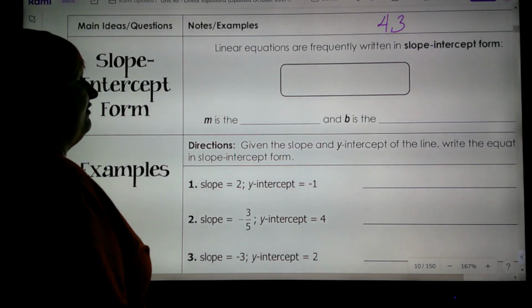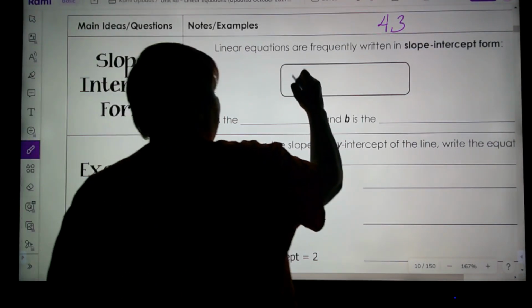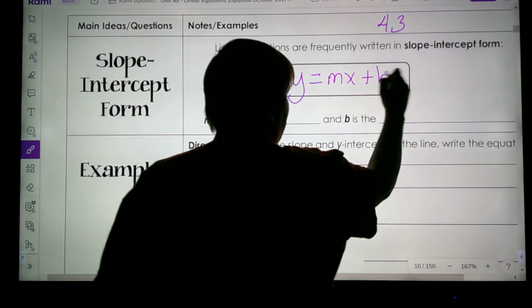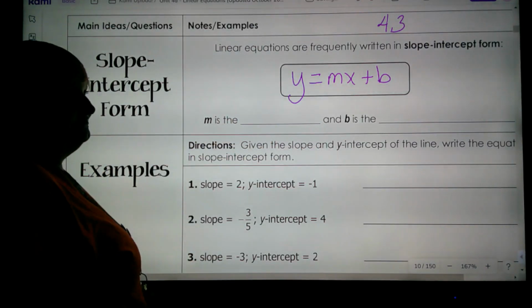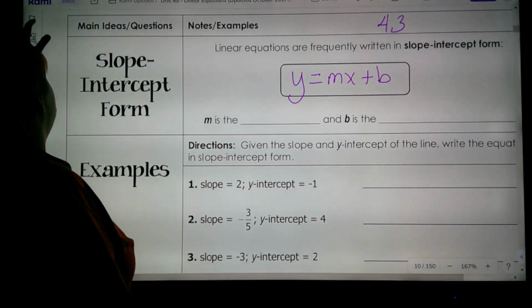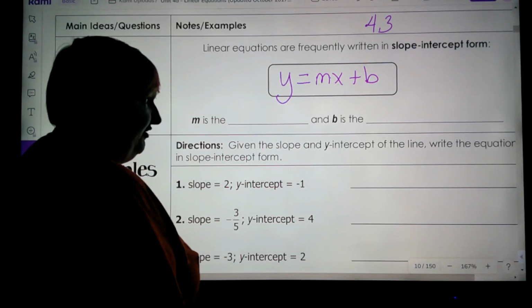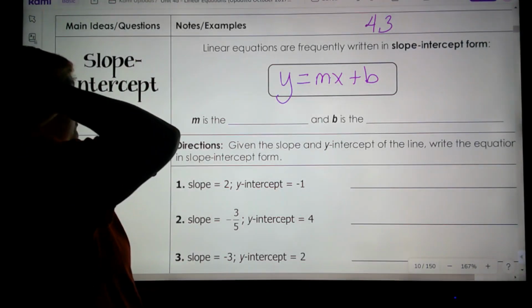Slope-intercept form is y equals mx plus b. Hopefully you've heard the term, the formula.